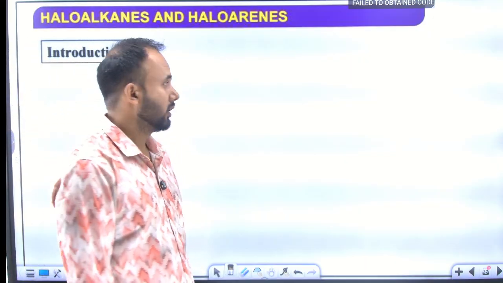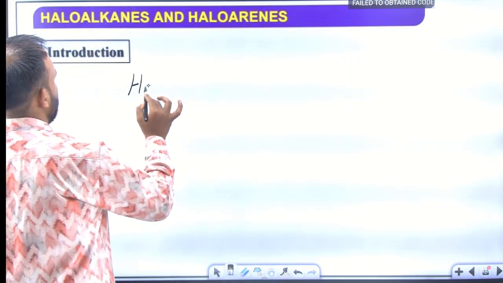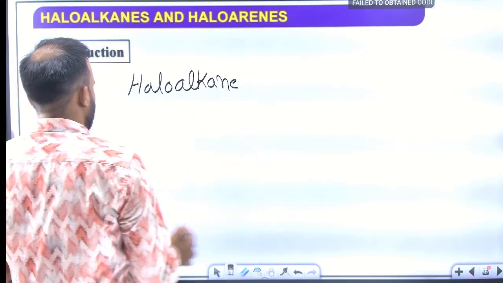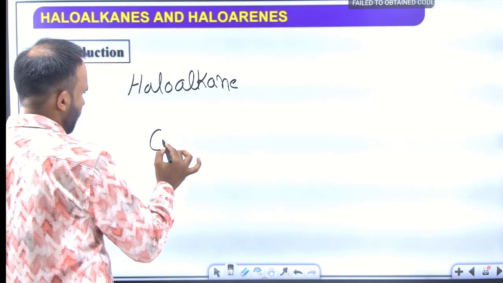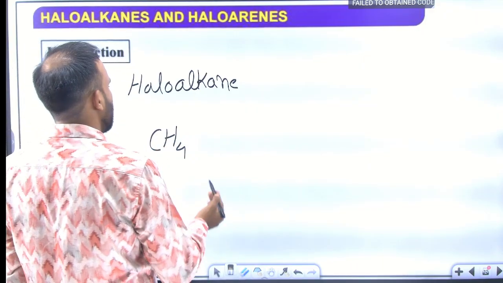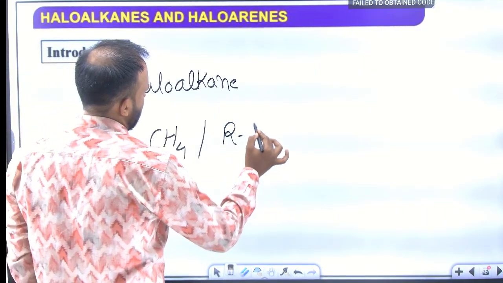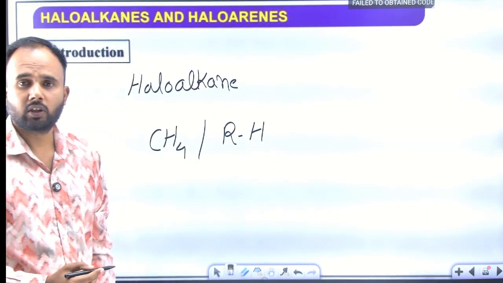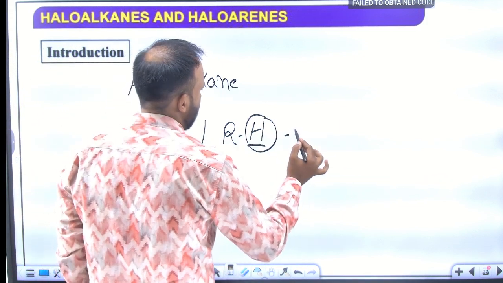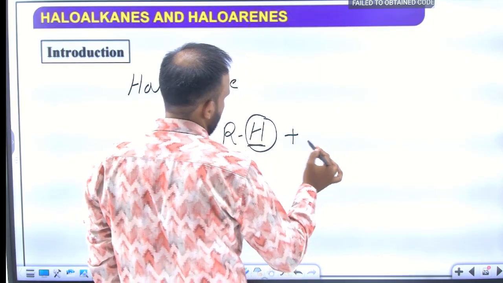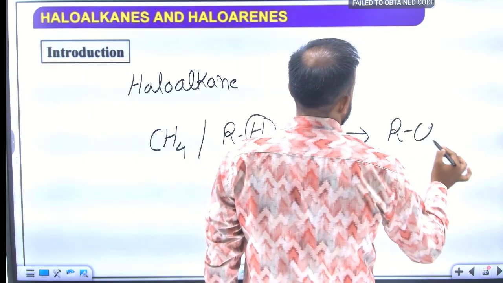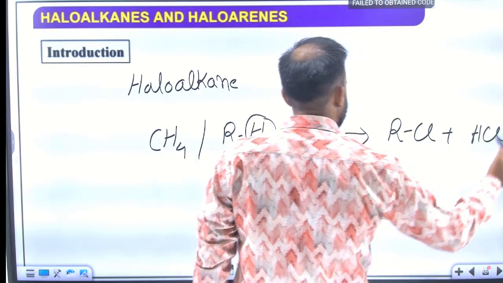First we start the introduction of haloalkane. If you remember, we can take the example CH4, or otherwise we can say RH. What I mention here, RH. If this H is replaced by any halogen, it will convert into RCl plus HCl.